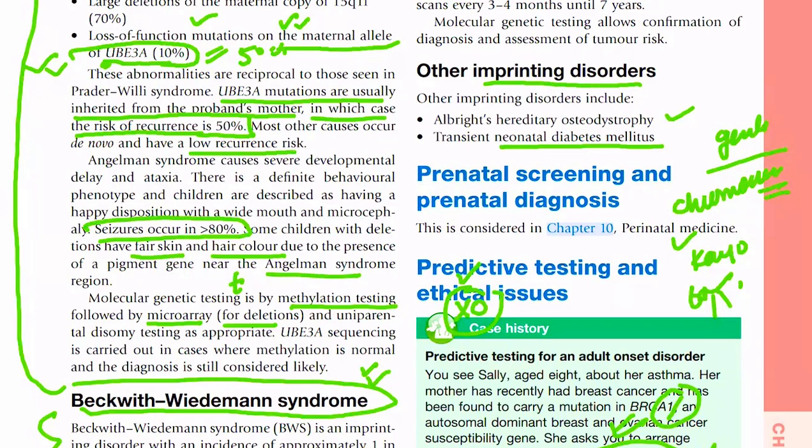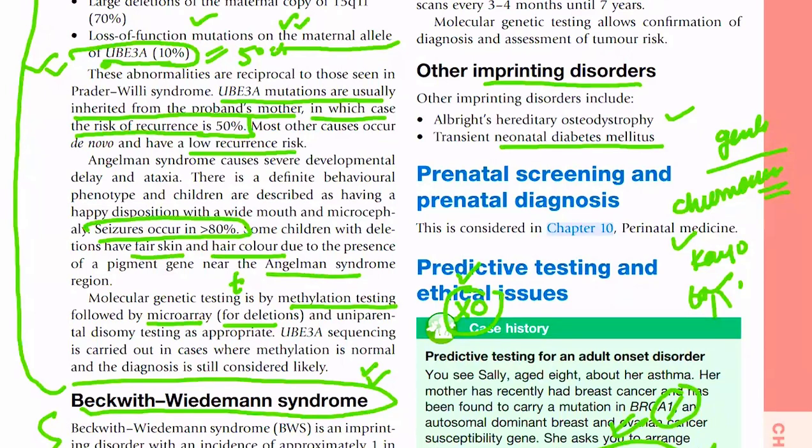The third imprinting disorder for your exam question. See here in Beckwith-Wiedemann syndrome, if we talk about deletion, have they told about deletion at any point here? No. There is decreased methylation, which is in 50% of the cases. Increased methylation is in 5% of the cases.